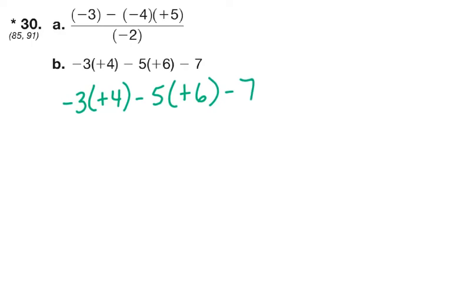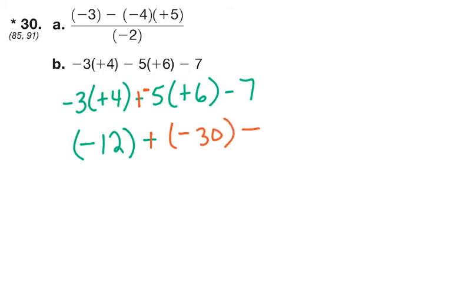So we have a negative times a positive, which is going to give us a negative. So 3 times 4 is 12. And then we have negative, that's negative 5. Or you could have looked at it like this, plus negative 5 like that. So we have plus negative 5 times positive 6. Negative times a positive is a negative. 5 times 6 is 30.